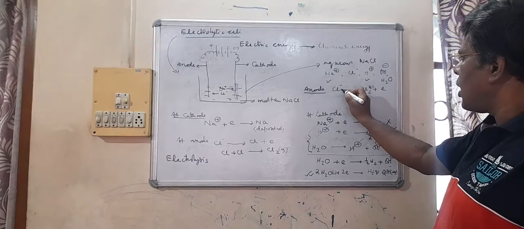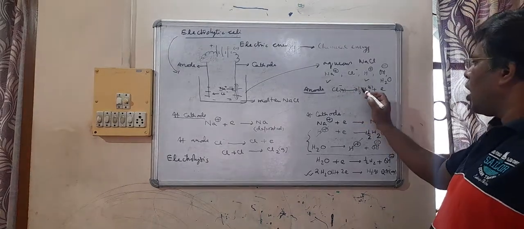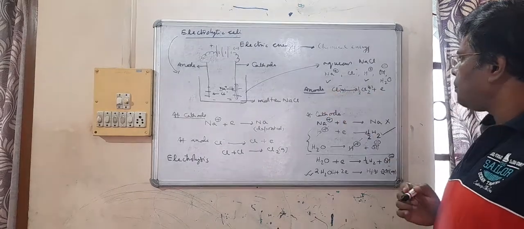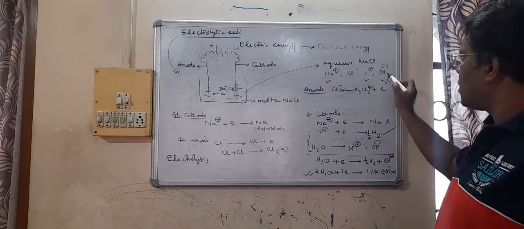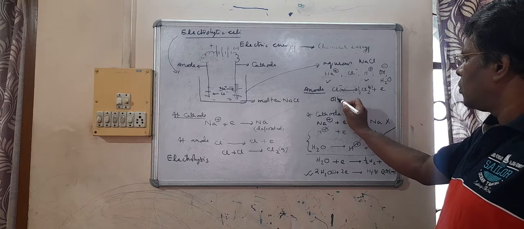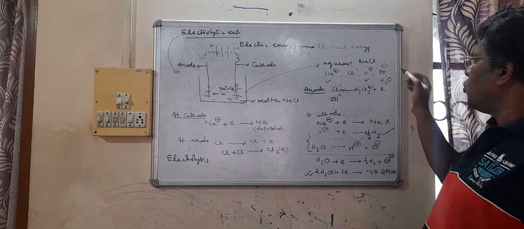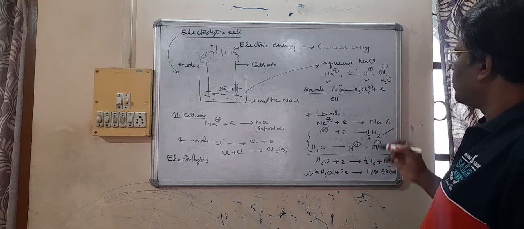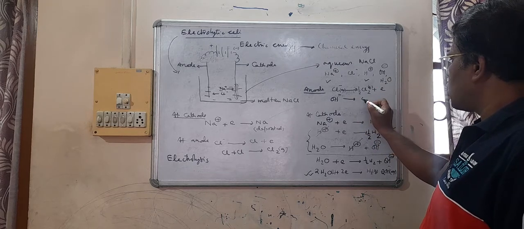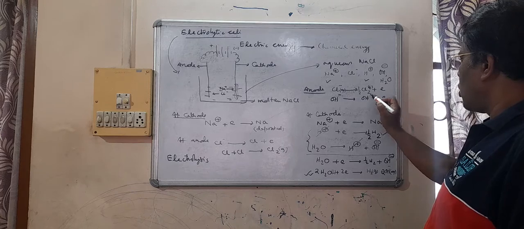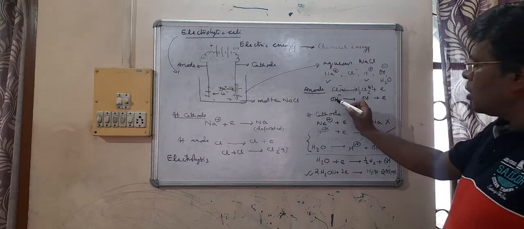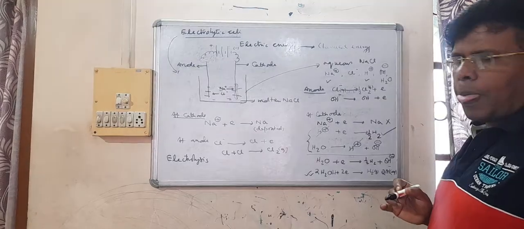So Cl- aqueous gives half Cl2 gas plus electron. So this can happen at the anode. Another possibility is this OH-, which can lose an electron and form OH, a hydroxyl group.